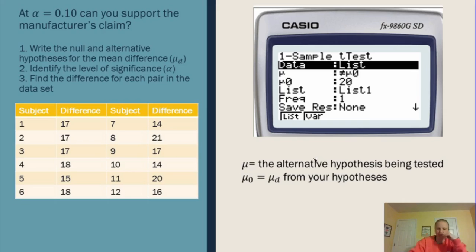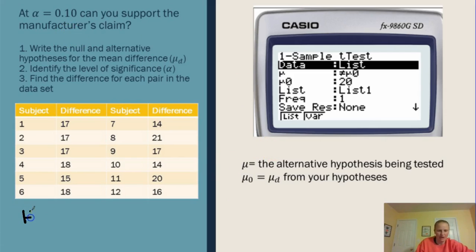All right, so here's our final question. At alpha is 0.10, can you support the manufacturer's claim that there's a 20-pound weight loss? Okay, so null and alternative hypotheses.